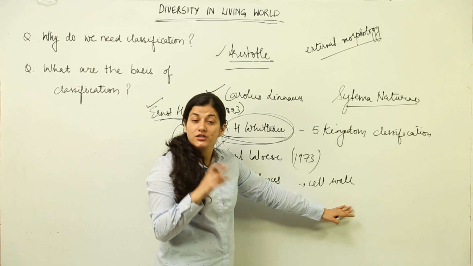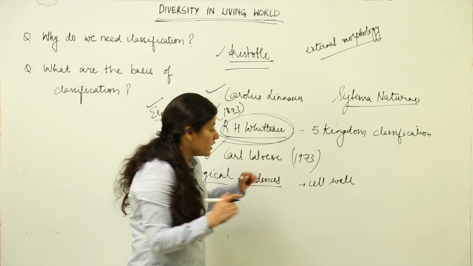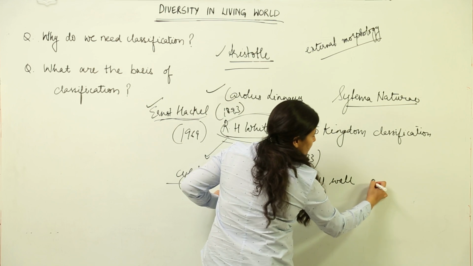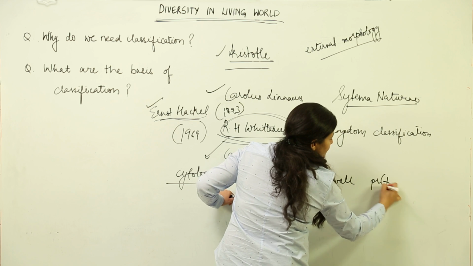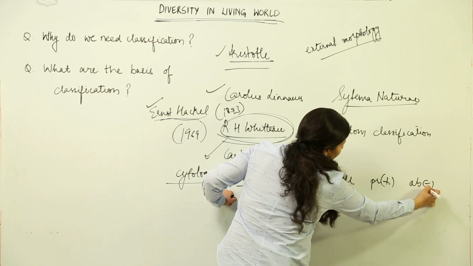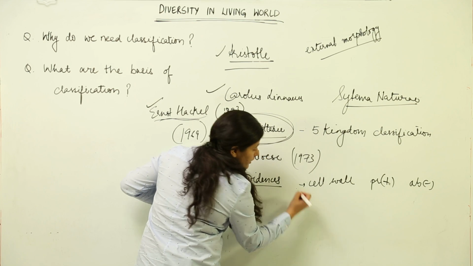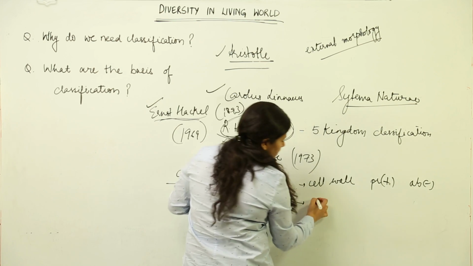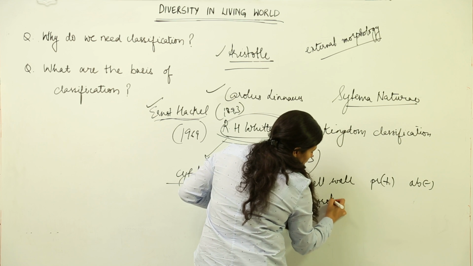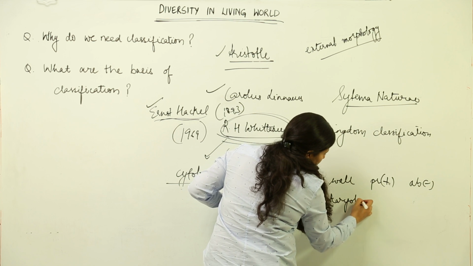If a cellulosic cell wall is present, it would be a plant. Then he took into account whether it is present or absent, and if present, what type of cell wall it is. Next, the first thing was whether the cell is prokaryotic or eukaryotic.